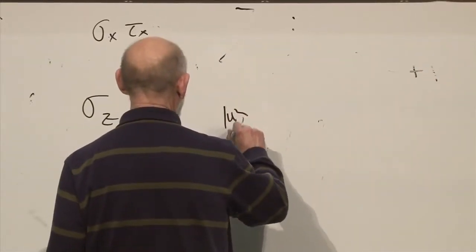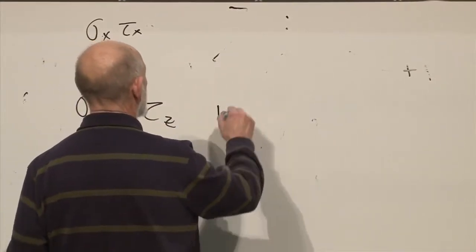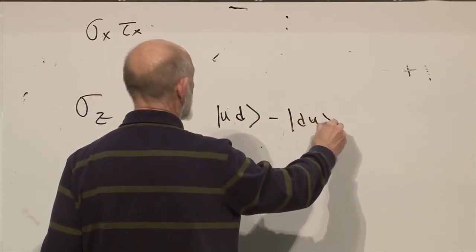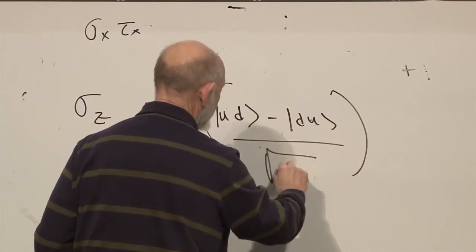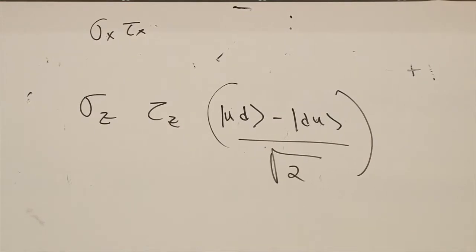Up, down, whoops, sorry. Now I should put the square root of 2 in. The reason I should put the square root of 2 in now is because I'm not going to get 0. So if I really want to get the numerical number, I want to put that square root of 2 in.